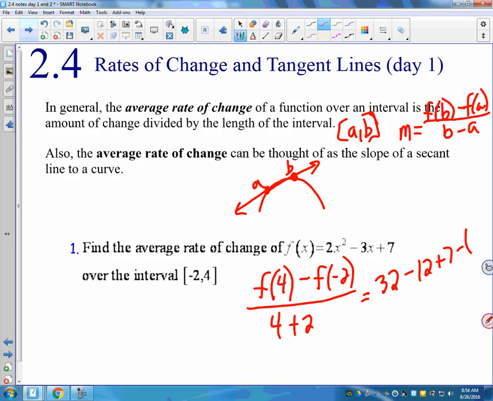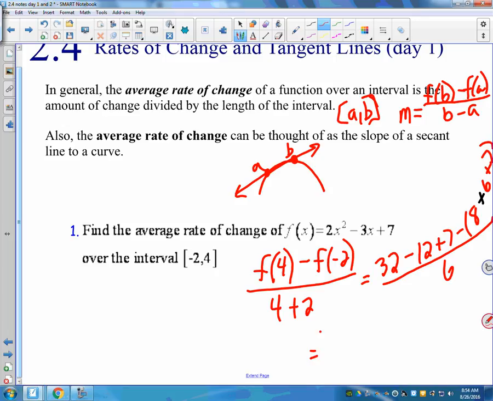If I plug in -2, I'm going to get 4 times 2, which is 8, plus 6, plus 7. 32 minus 12 plus 7 minus 8 minus 6 minus 7, all over 6. So that's going to cancel out, and that's going to be -26. So 32 minus 26 is 6.